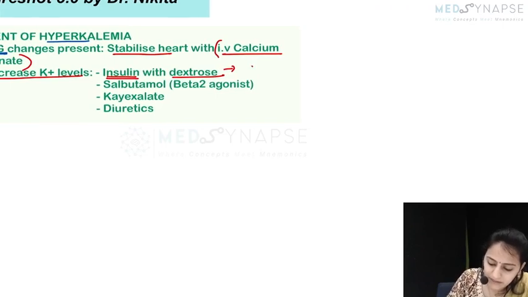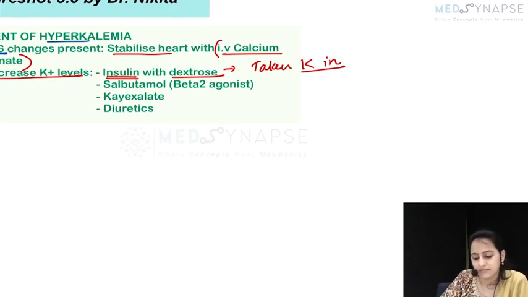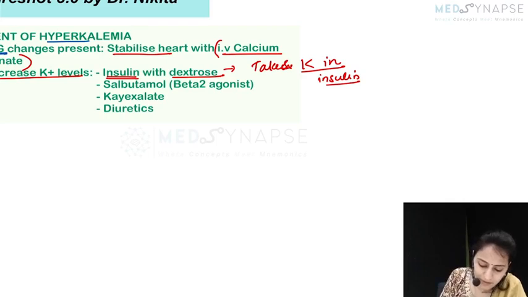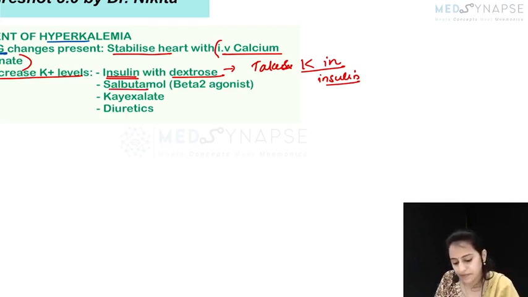Remember, insulin takes the potassium in. So it decreases the potassium levels. It takes the potassium in. Salbutamol. What is the side effect with salbutamol? Hypo. It is taking the potassium in.